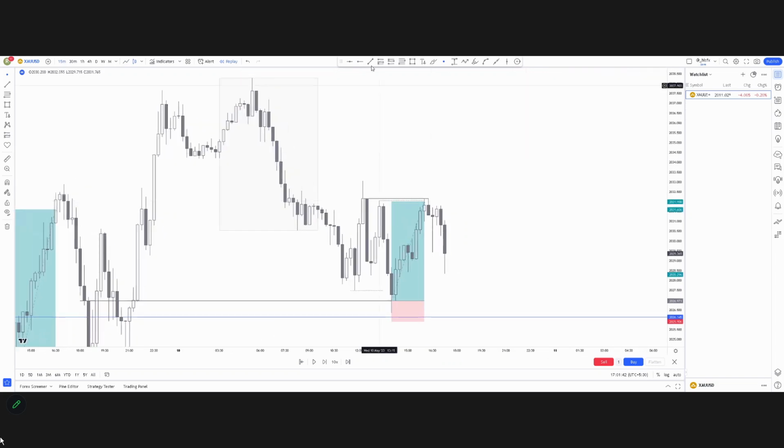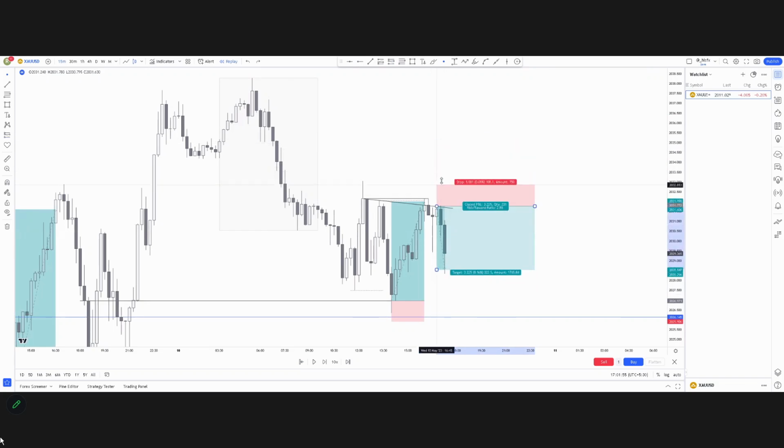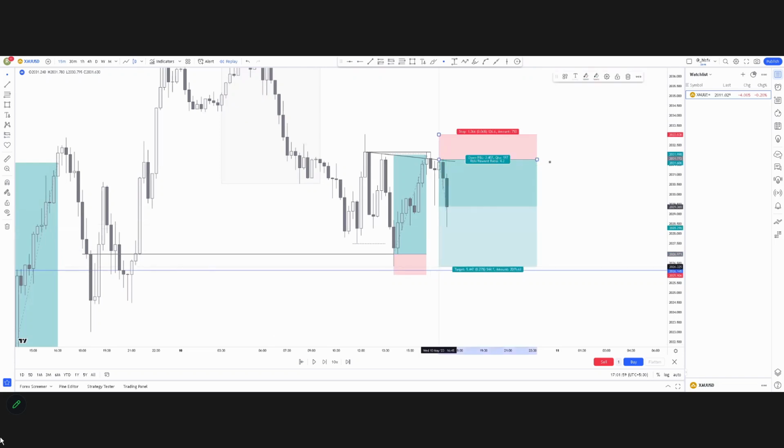First step, no trend line support, so waiting for trend line support. Okay, here we have the support of a trend line to take the trade. So now the entry comes from here. Where do I put my stop loss? Let me put my stop loss here, and I will target this low.